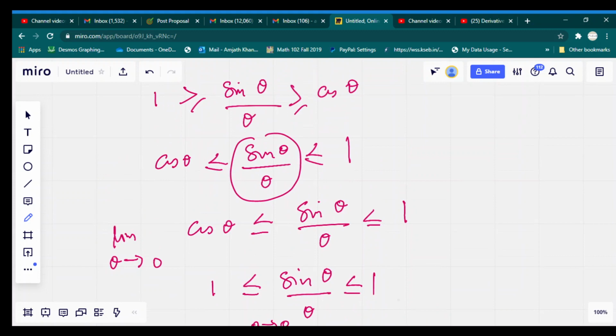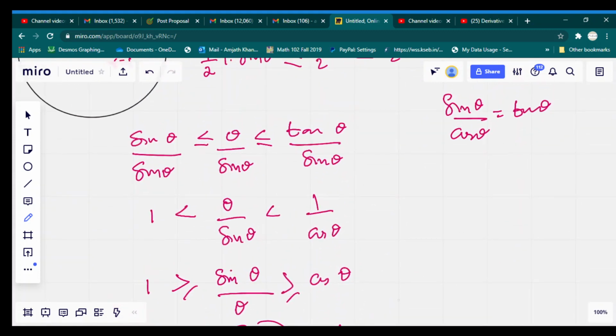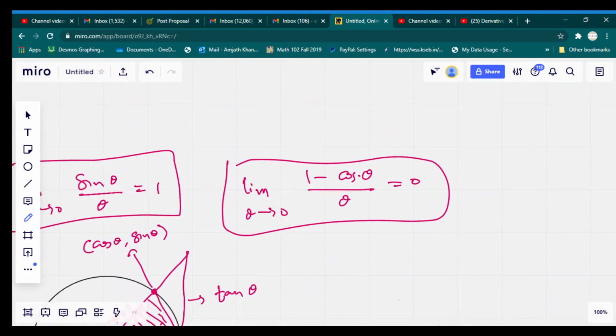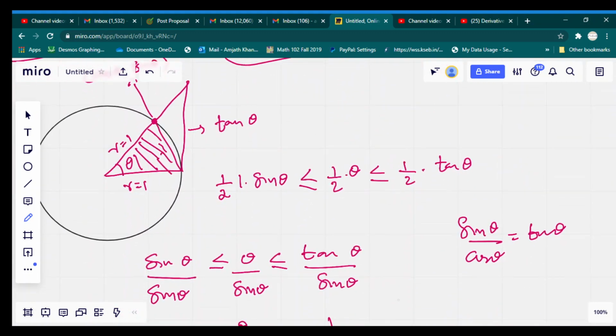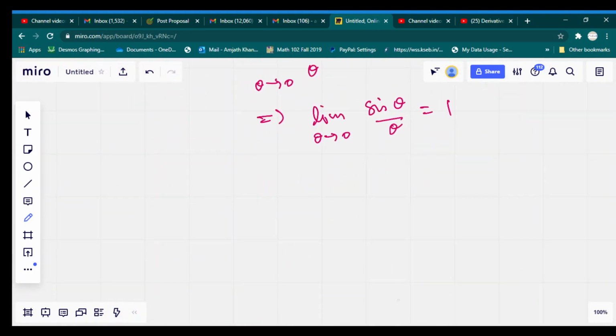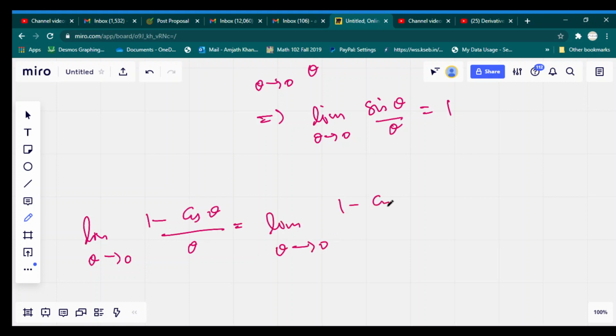Now let's prove the next result, the limit as theta approaches 0 of 1 minus cosine theta over theta, using this result. Let's use a trigonometric identity: multiply by 1 plus cosine theta over 1 plus cosine theta.